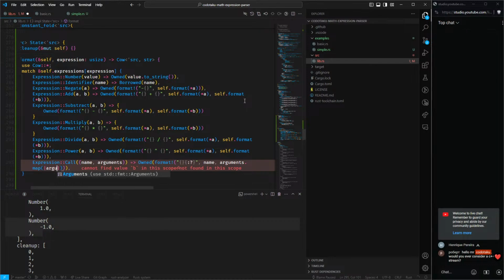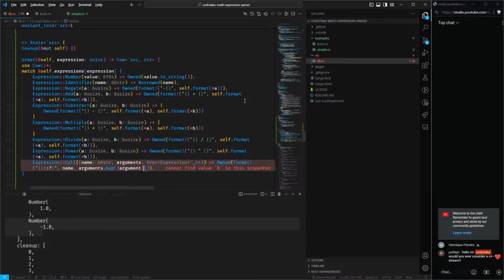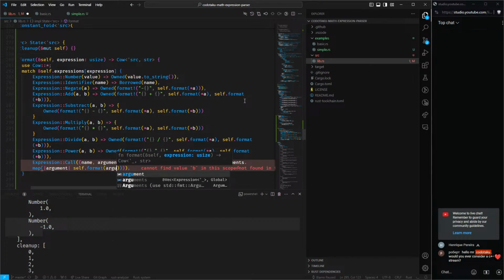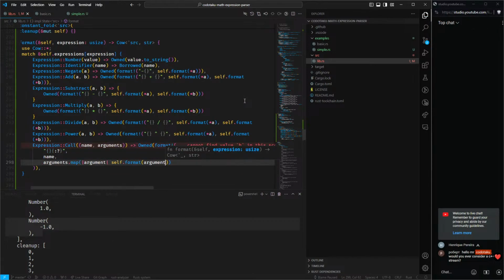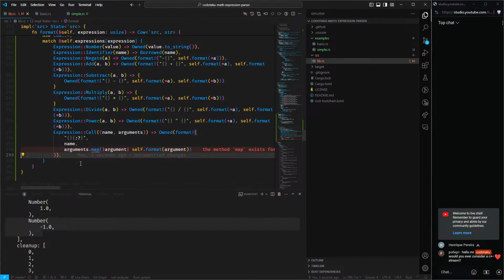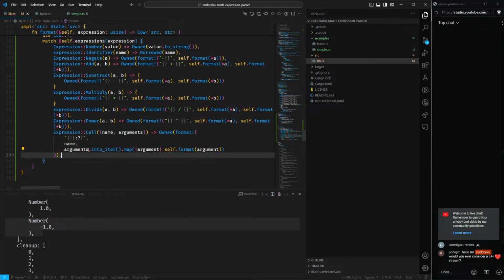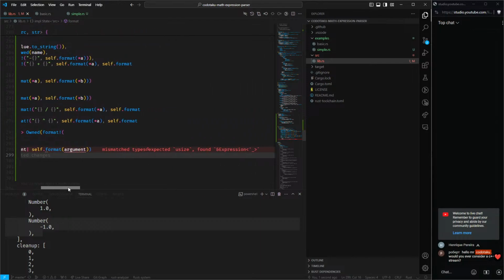Map. So you get your argument there, and we need to self.format the argument. The method map exists. Oh yeah, this should be turned into an iterator. We could just consume the arguments vector because we don't need it anymore. That's why I said into_iter instead of iter.